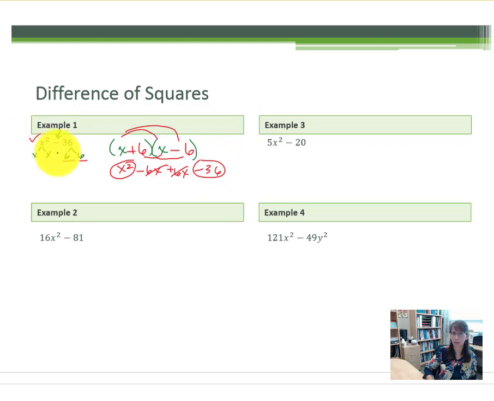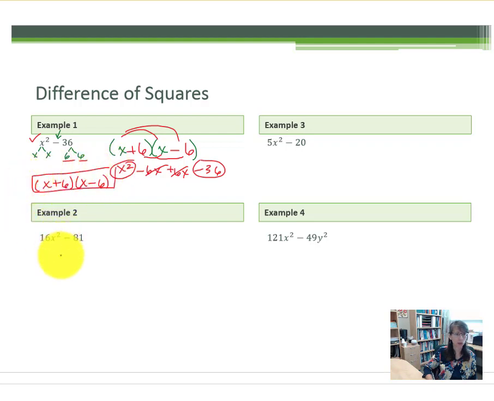And that's what we had to begin with. So if you are ever in doubt about which sign to use, plus or minus or two of a kind, simply distribute and check your answer. You don't have to memorize what to use here. Just to be clear, the final answer is the quantity x plus 6 times the quantity x minus 6.